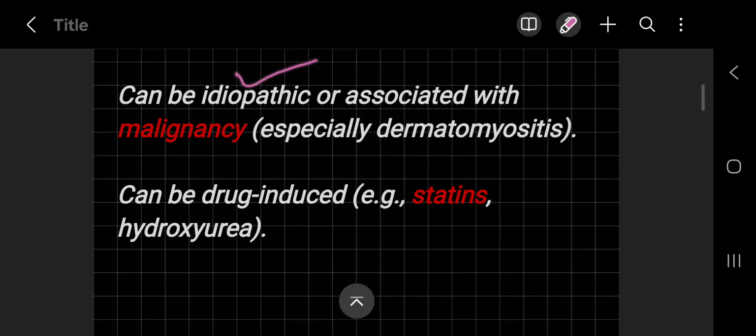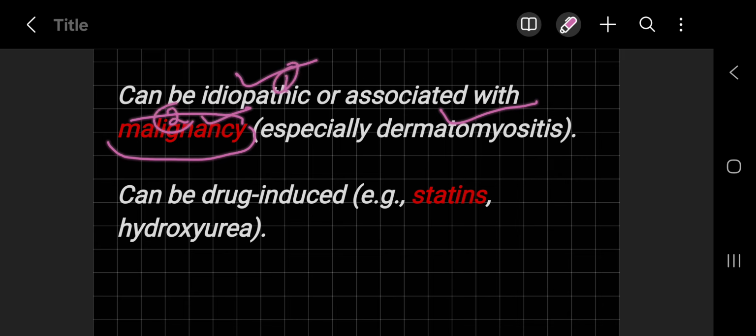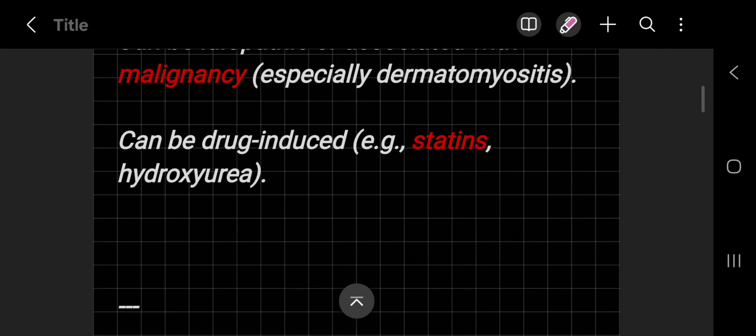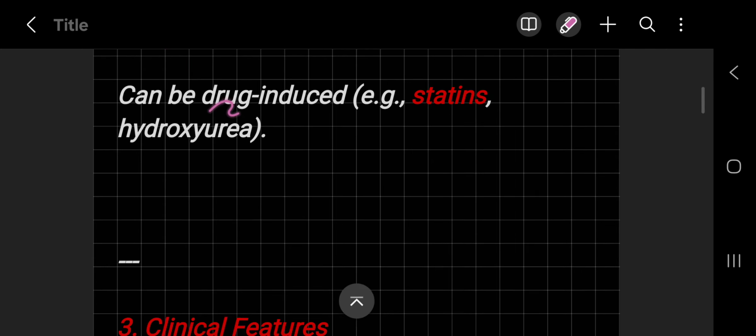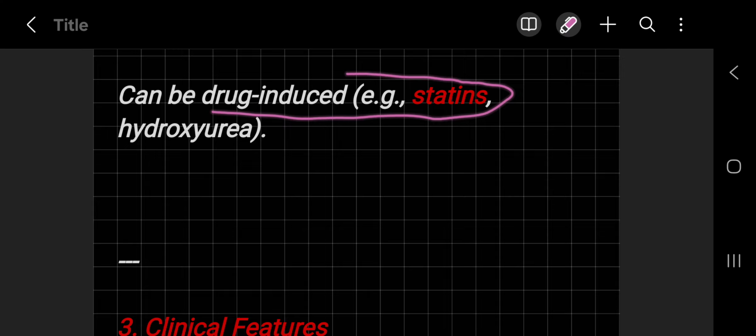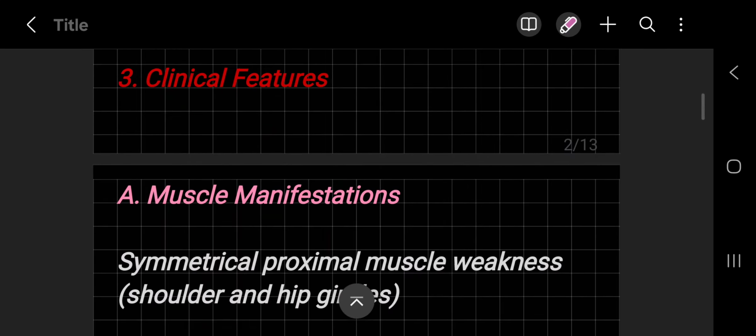It can be idiopathic or it can be associated with malignancy, as dermatomyositis has an association with malignancy. Myositis can be drug induced, as I have told you, for example, due to statins, hydroxyurea, cyclosporin, steroids, etc.